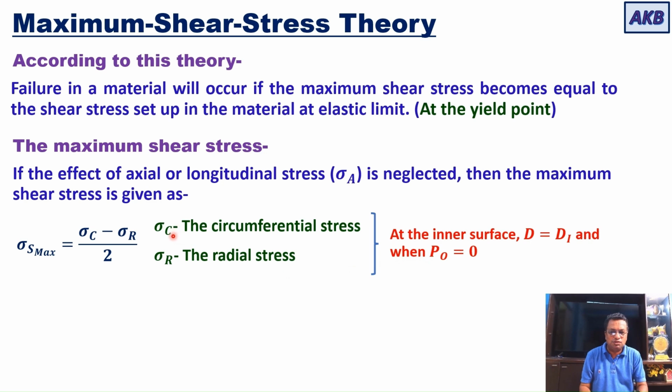So when these two stresses, sigma C and sigma R, are evaluated at the inner surface, and when external pressure is 0, we will use those stresses in this equation to get the maximum shear stress. And as per this theory, when this maximum shear stress becomes equal to the shear stress at the elastic limit, then the material is going to fail.